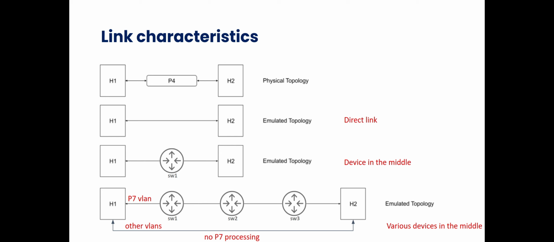We can have additional VLANs working at the same time with no P7 processing. So in this way, we can compare a direct link between H1 and H2, or two hosts, and the processing inside the emulated topology and the characteristics.